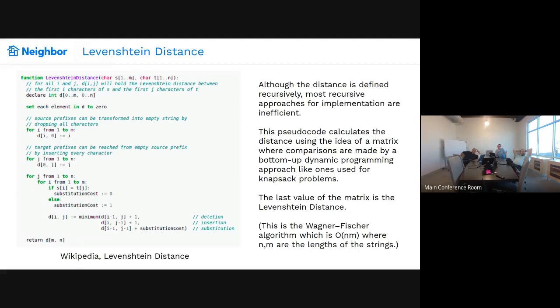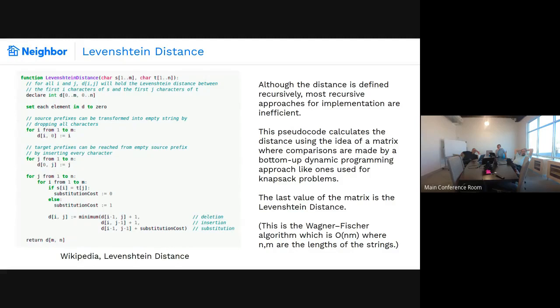Maybe they're the same word, and so every character is the same. But the way that works out is you're building on itself, and so the last value of your matrix will actually be your Levenshtein distance, and it builds on calculating every intermediate value, but doesn't require you to compare every substring against every other substring. So it's actually really cool.